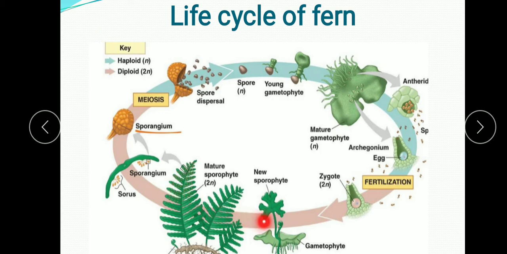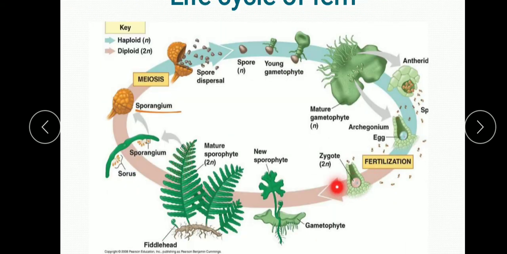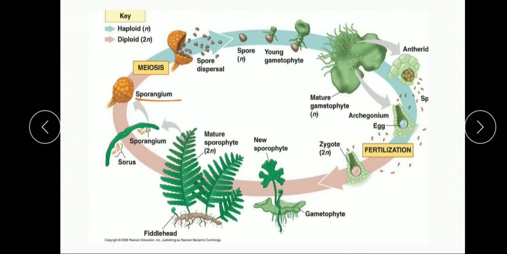You can see it is shown by different colors. The diploid stage is after fertilization till meiosis occurs; it is the sporophytic stage. Before the fertilization, from the spores onward, is the gametophytic stage.